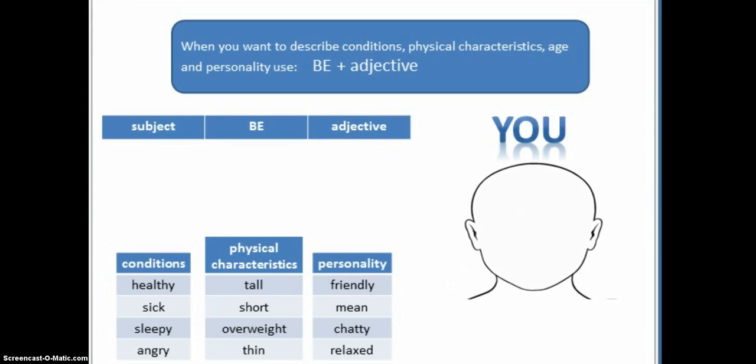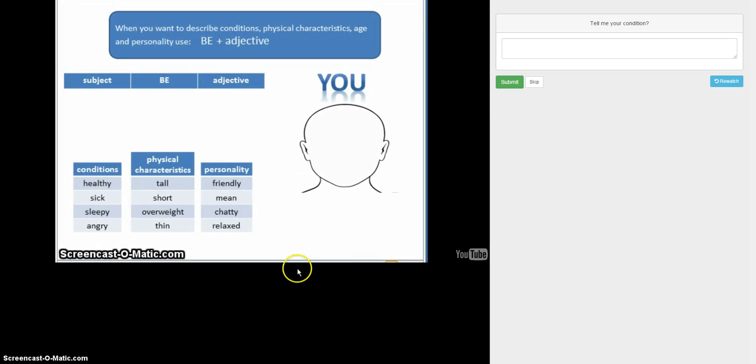Now I'm going to let this kind of scroll on. The audio is giving them instructions on creating sentences describing themselves, and this EduPuzzle gives you the opportunity to put in questions, and then the student would type in their response.